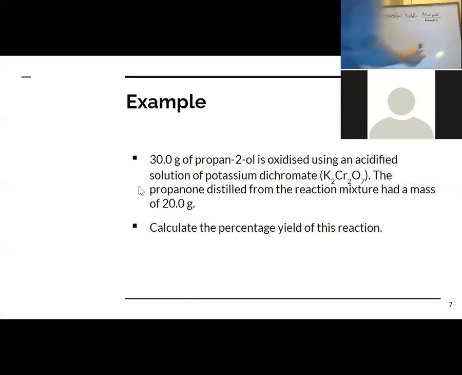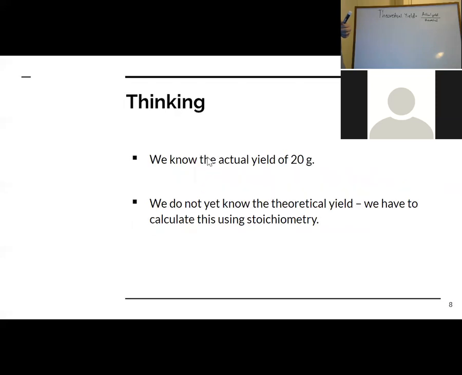Now let's remember that. So 30 grams of propan-2-ol is oxidized to make propanone and we get 20 grams. So we need to calculate the percentage yield.